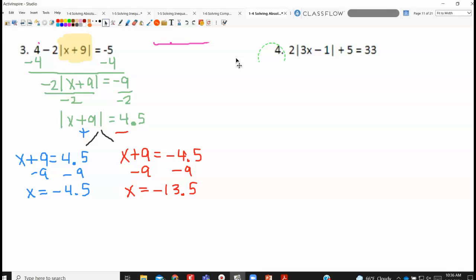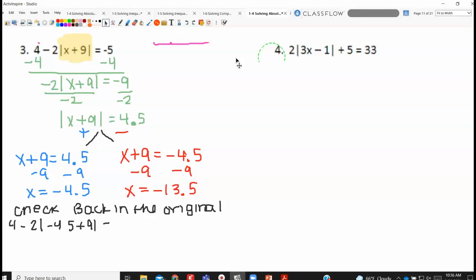When you check, you plug back into the original. So it's going to be 4 minus 2, absolute value, negative 4.5 plus 9. And we want that to equal negative 5.